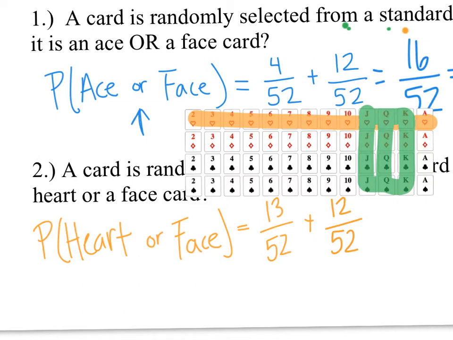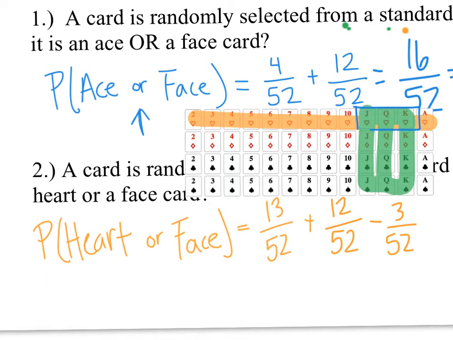Now I want to know how many of those cards are face cards and heart cards. Where is the overlap? Okay, so there are 3 hearts that I'm looking at that are also face cards, and that's going to be the jack, queen, and king of hearts. So there are 3 cards that are hearts and face cards out of the whole deck. So the hearts plus all the face cards minus where they overlap.